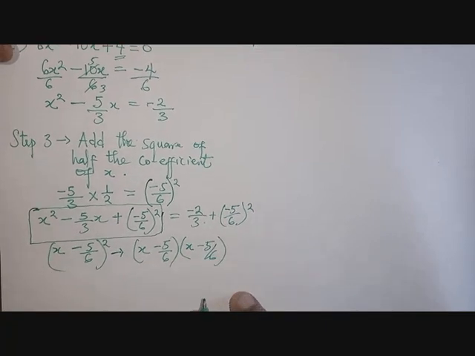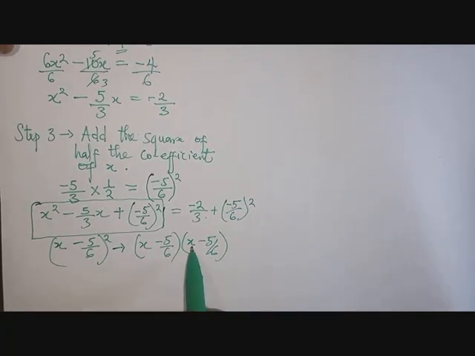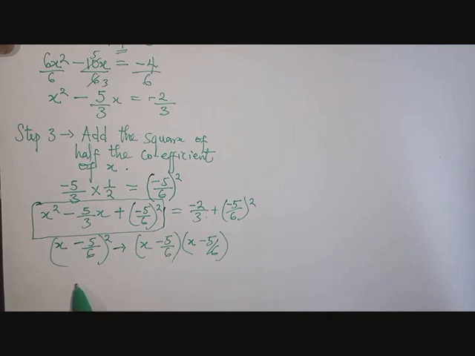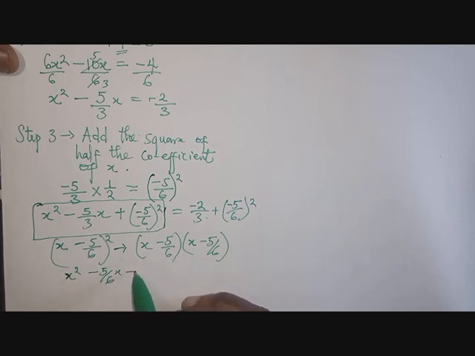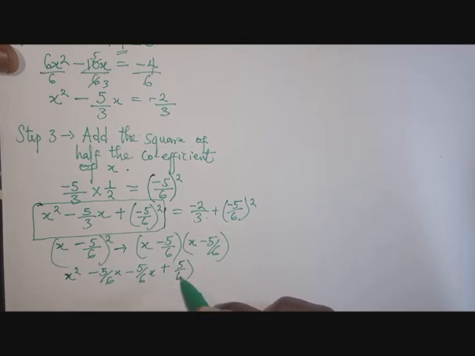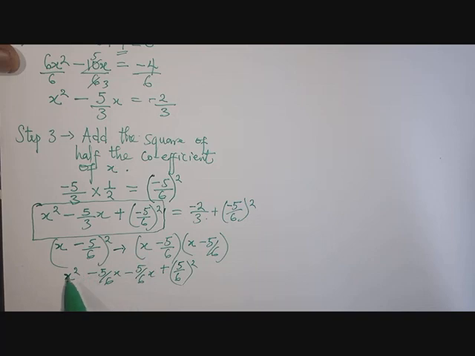If I try to expand this, this is what I'm going to get. x times x gives me x squared. x times minus 5 over 6 gives me minus 5 over 6x. This also gives me minus 5 over 6x. And this times this gives me plus 5 over 6 squared. Now if you notice, it looks like what we have here, but I can go further.